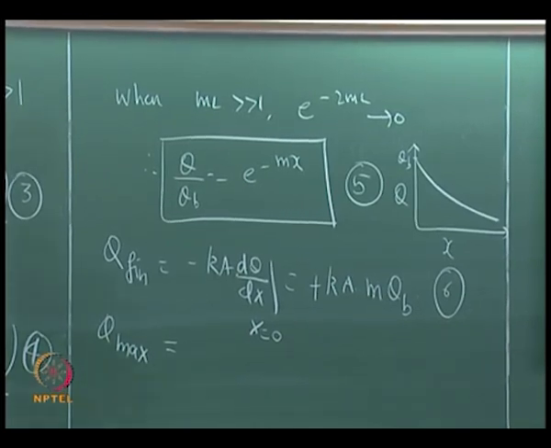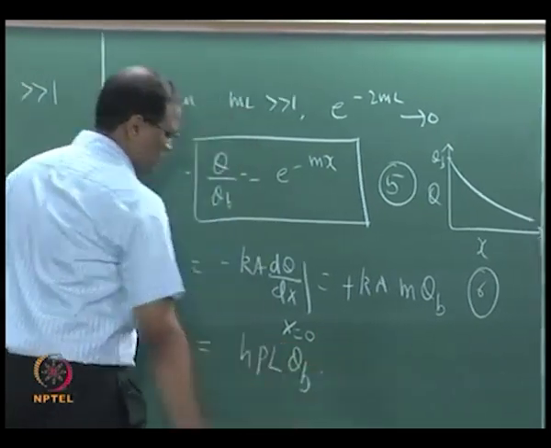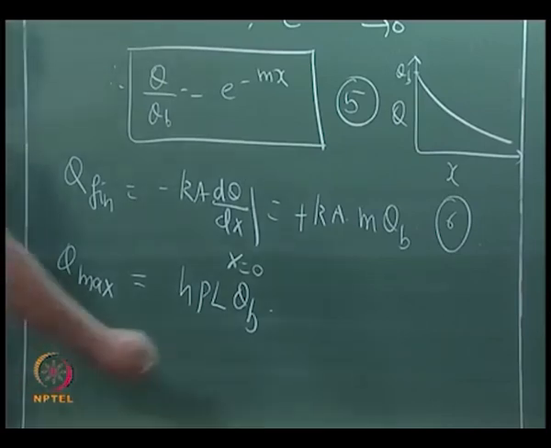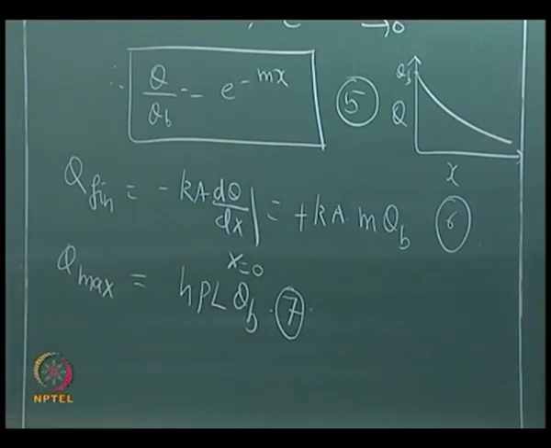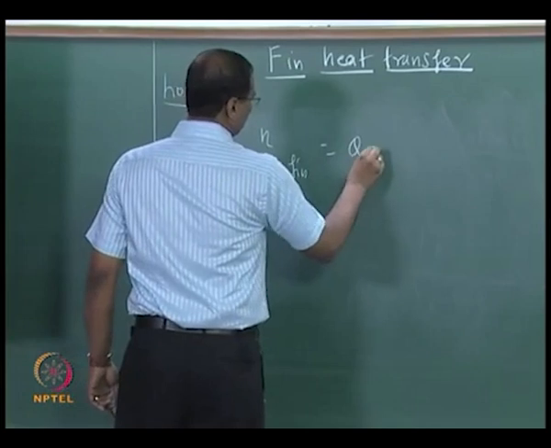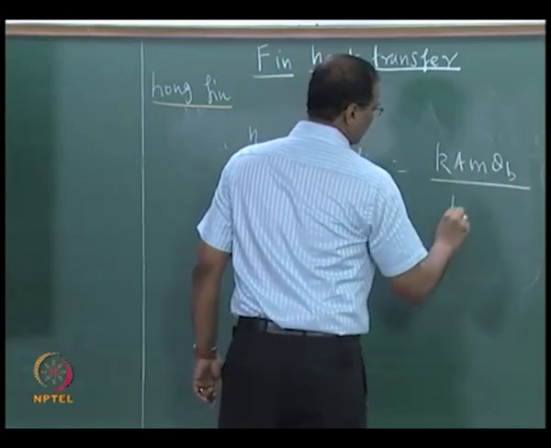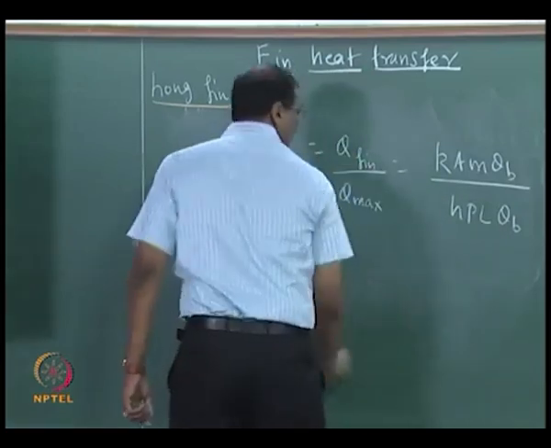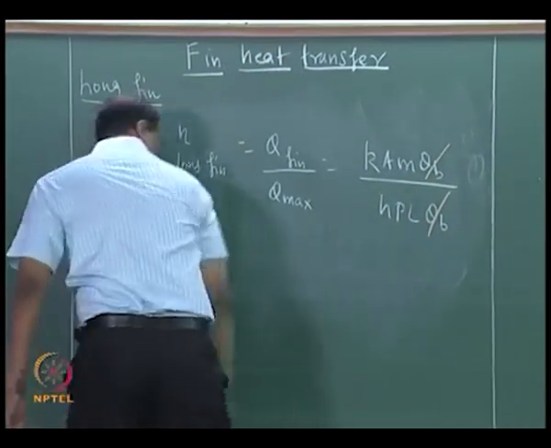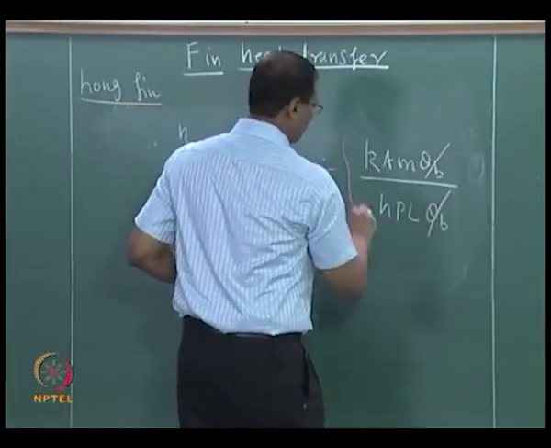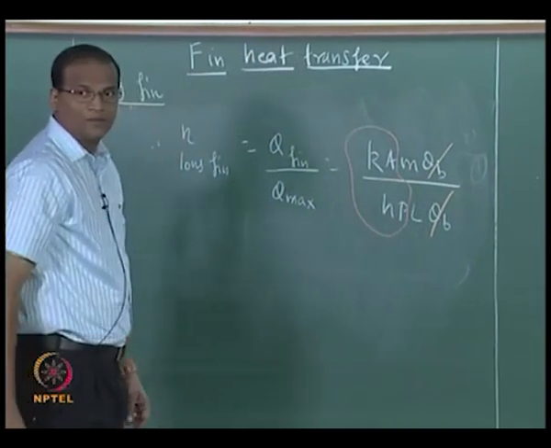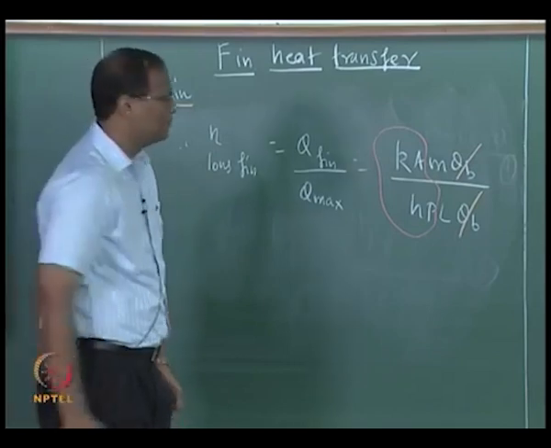So this will be hPL theta b, therefore what is this? 1 by m square.